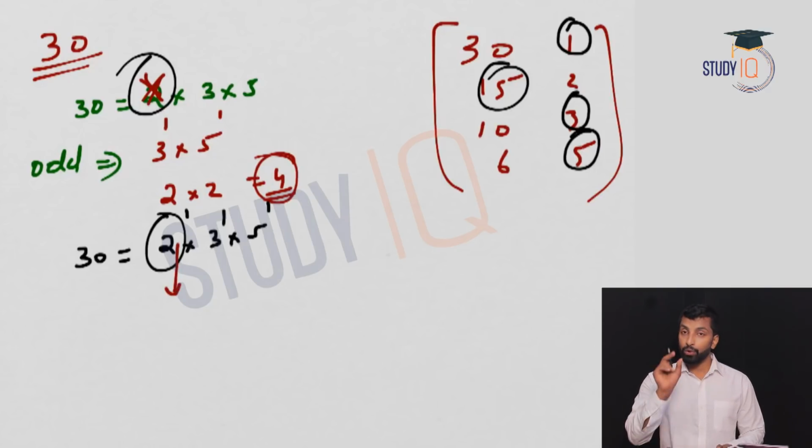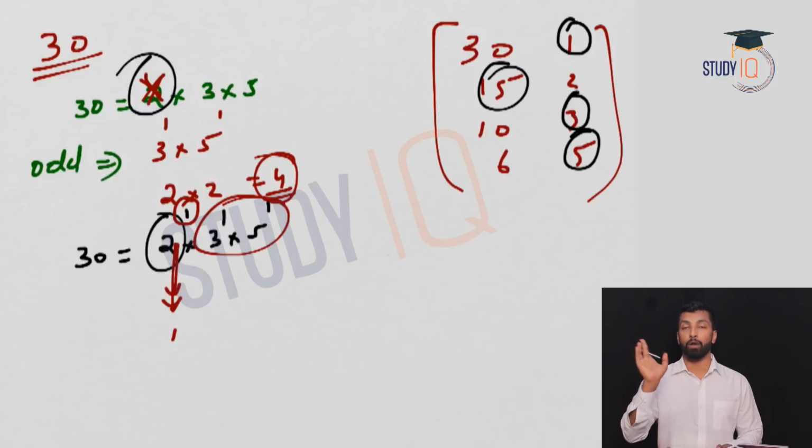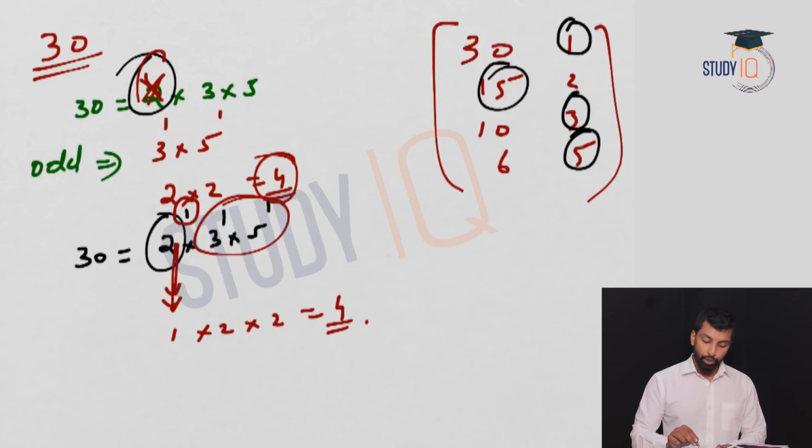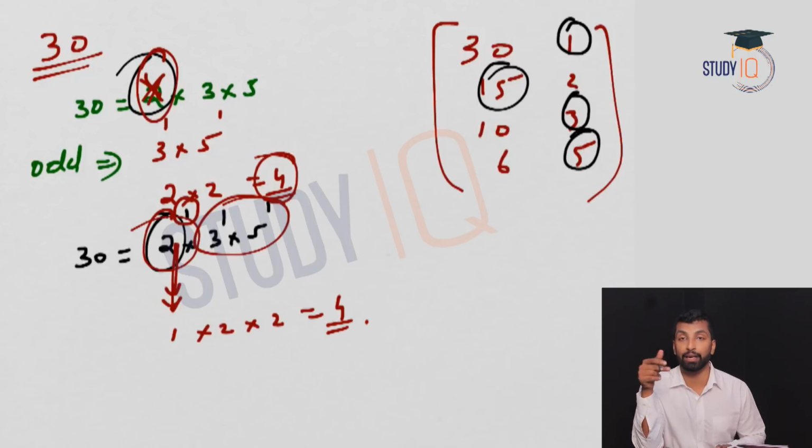Here, when you apply the formula, instead of m plus 1, don't put that plus 1. Just put m itself. That means drop the plus 1 for the power of 2. Here it becomes 1. But for these two, you do it normally. That becomes n plus 1, 2 into 2. So you get 4. I hope this is clear. Only this 2 is making the difference. This 2 is actually deciding even factor or odd factor.